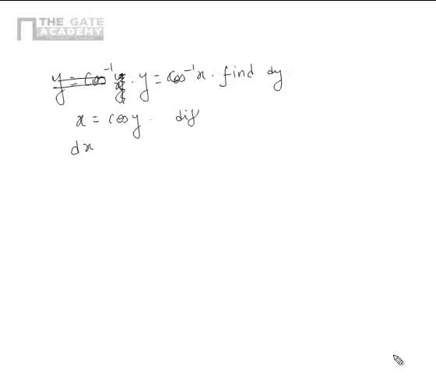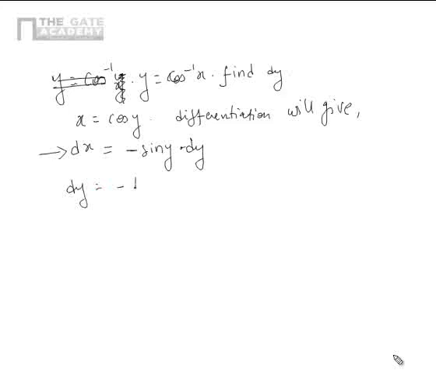Differentiation will give what? This step. dx is equal to minus sin y dy, and dy is equal to minus 1 by sin y into dx.